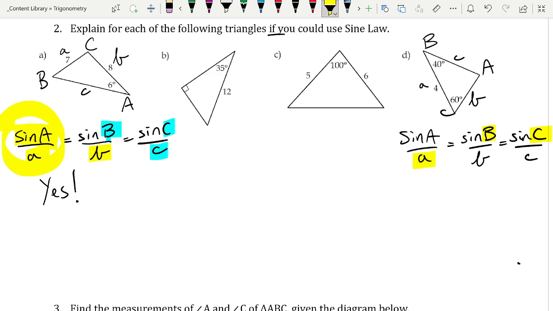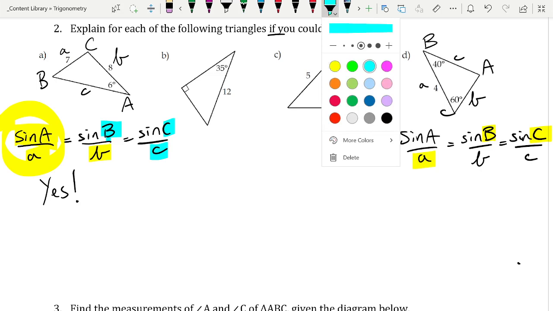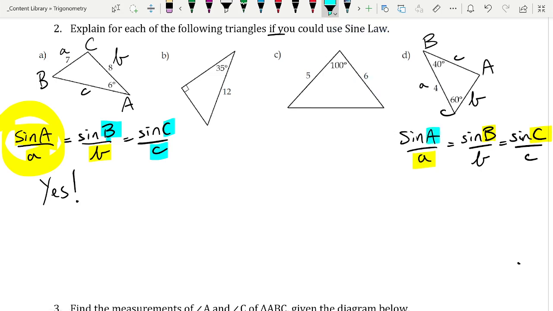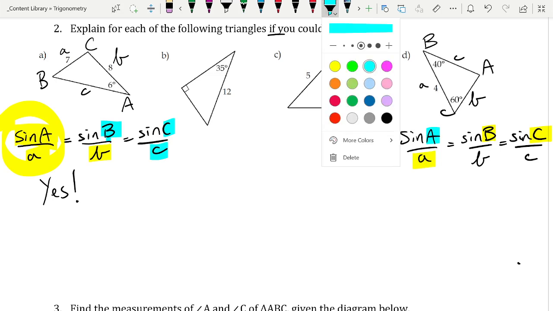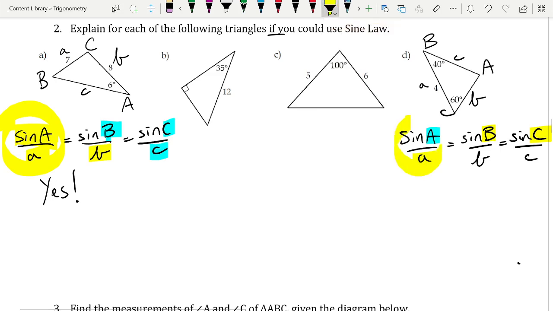We can use our 180 degree trick to figure out angle A first, and then we know an entire part of the ratio, and then we can figure out this thing, and everything's good. So those two were both yeses, D and C.